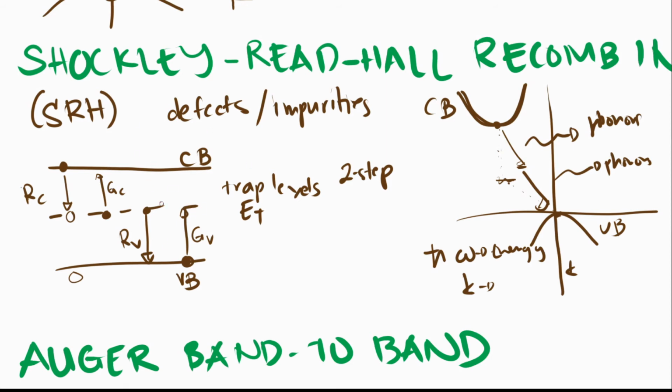So itong processes na to, they all happen competitively, and these all would contribute to essentially letting the hole and the electron meet up para magkaroon tayo ng recombination. So some notes about this, we can see that this process and this process are inverses. Parang ito lang, itong this one and this one.